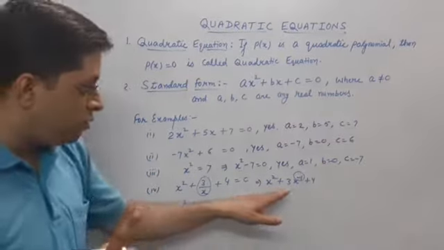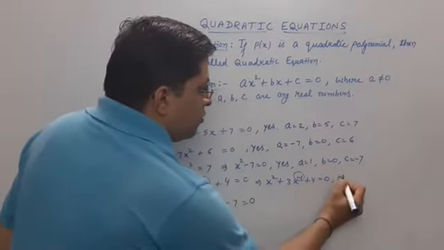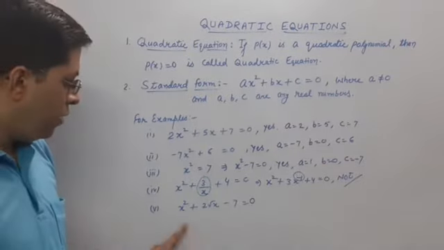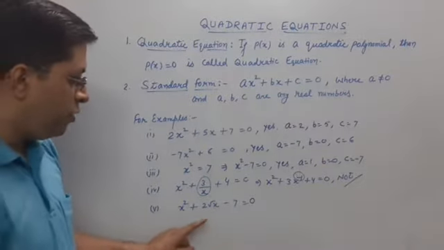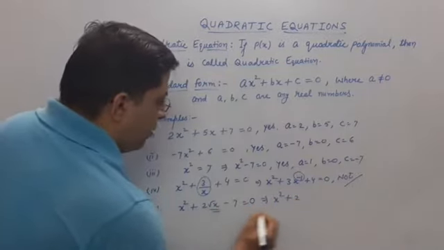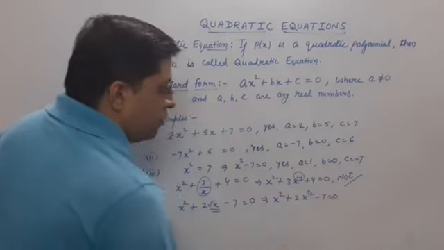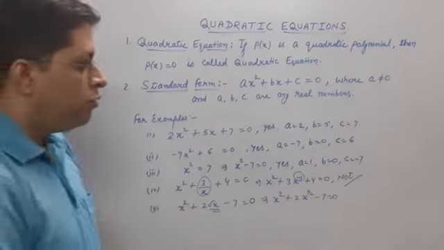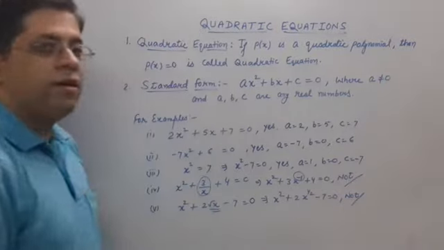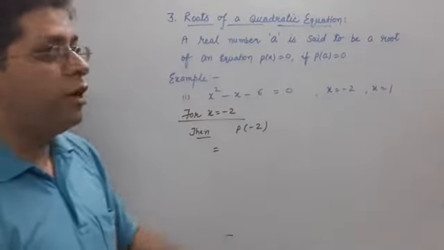If this is not a quadratic polynomial, then we can say it is not a quadratic equation. Okay, here the power is in fraction. How? x square plus 2 under root x, what is the meaning of under root x? This is x power 1 upon 2, minus 7. And it is not a quadratic polynomial. So we can say it is not a quadratic equation.